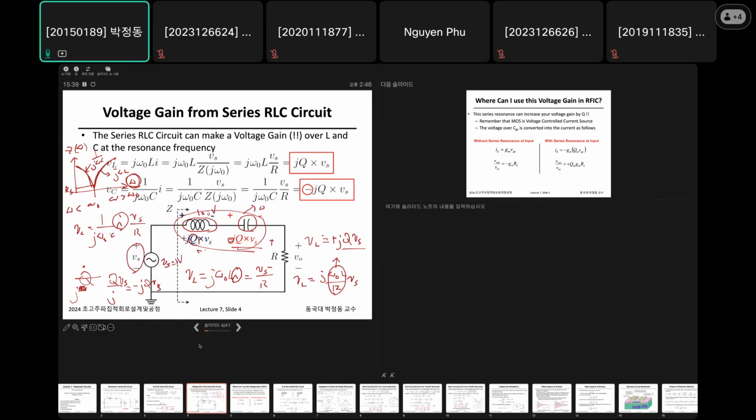Then what is the voltage drop between here and here? What is the voltage VAB? What is this value?